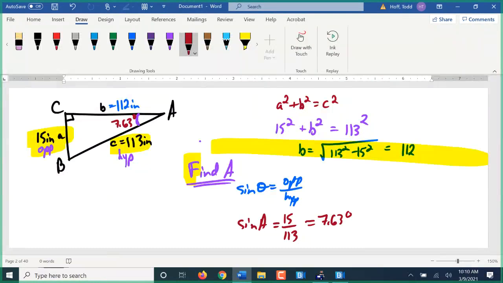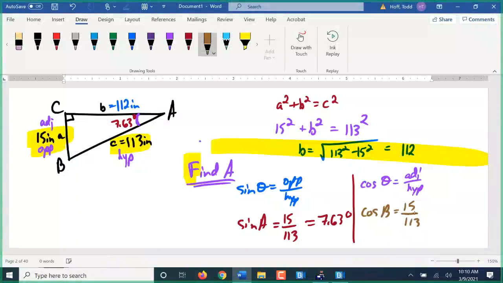And remember, we like to go back to the given information whenever possible. So to find B, I have the adjacent side and the hypotenuse. It's going to be a cosine. Cosine of theta equals adjacent over hypotenuse. So it's the cosine of angle B. The adjacent is 15 over the hypotenuse of 113.